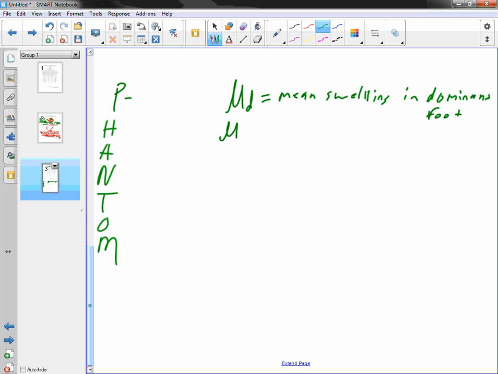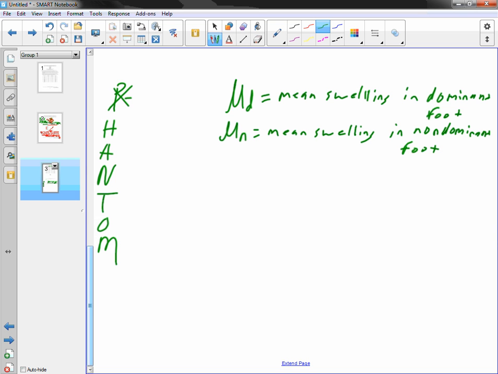We'll let mu sub n equal mean swelling in non-dominant foot. Okay, and that's all parameters are. They just want you to write down any symbols or variables that you're going to use and actually define them. So we'll define these two.